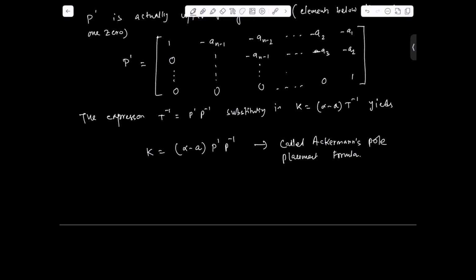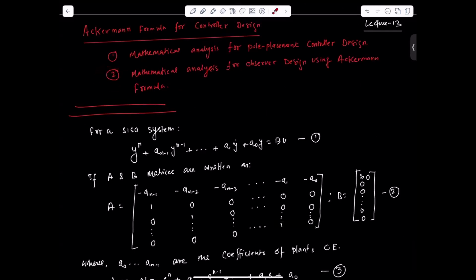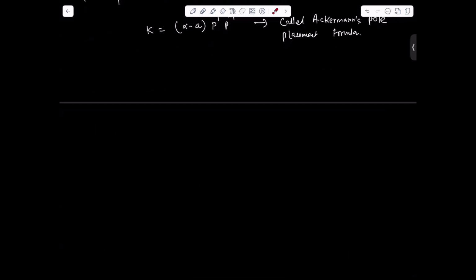Now, if you want to look at the same thing for the observer design, how can we do it? The second part we are going to start here: how we can find the observer design using the Ackermann formula. The pole placement can be carried out in a similar manner to what you have done for the controller.